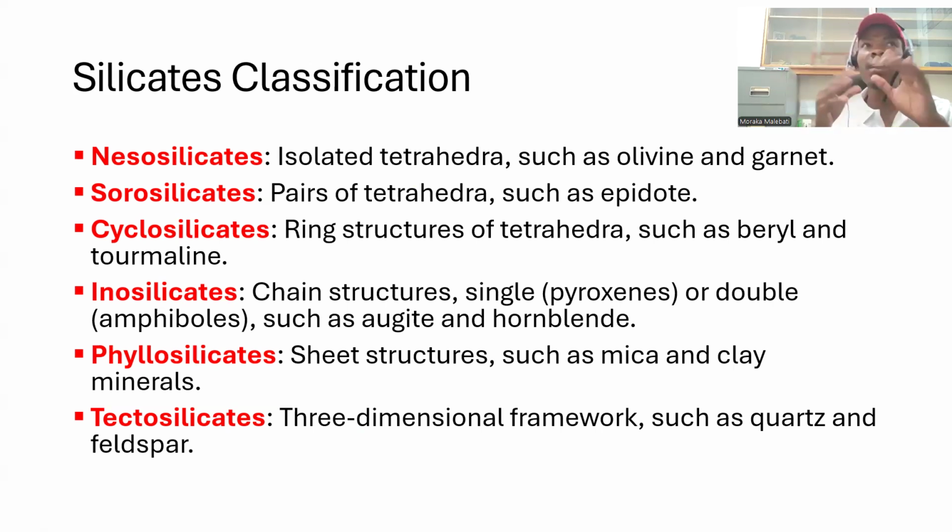With nesosilicate, it's like we're having different pieces which are isolated. These pieces, we don't fit them together. We don't bond them together. You're having these tiny building blocks, which we refer to as the tetrahedra, made up of silicon and oxygen, and the structure is like a pyramid.